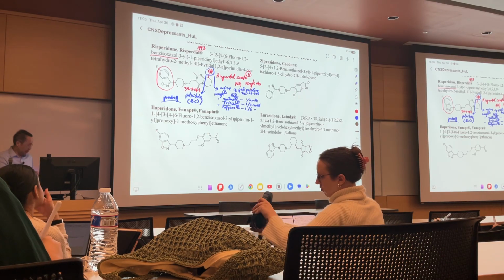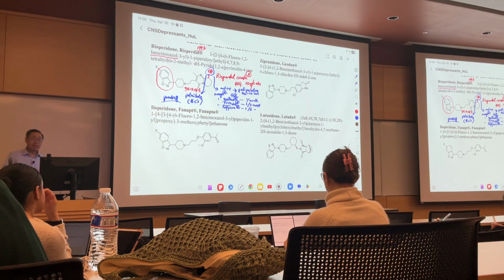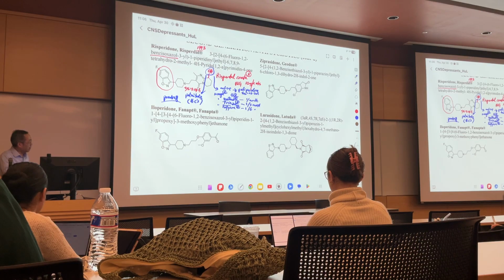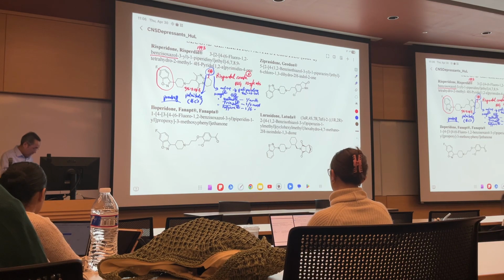All the other metabolic reactions, most of them, are oxidative, and then of course you have hydrolytic reaction, which is ester hydrolysis. So structurally very similar to this one, belonging to the same class, the benzoisoxazole class.